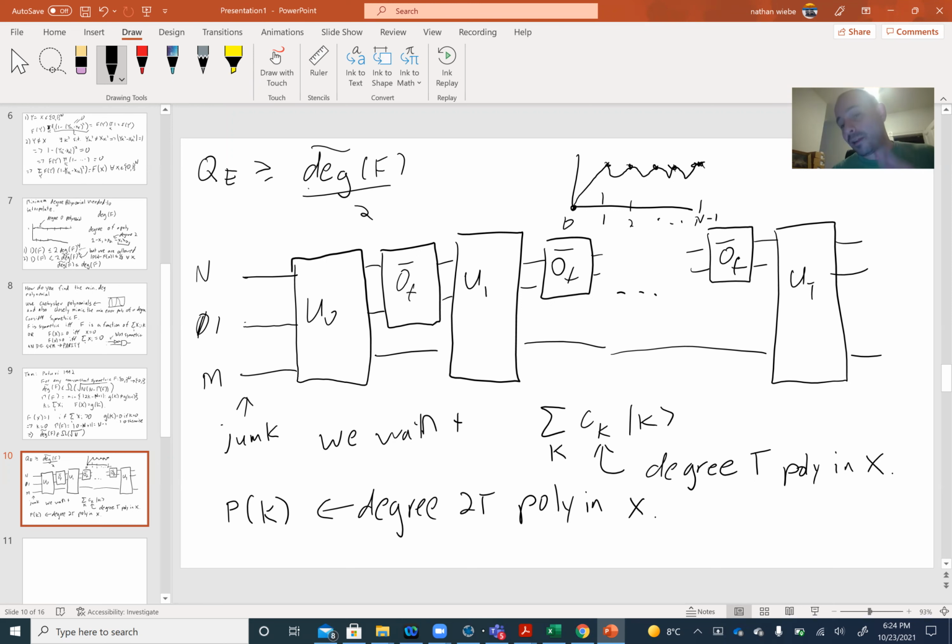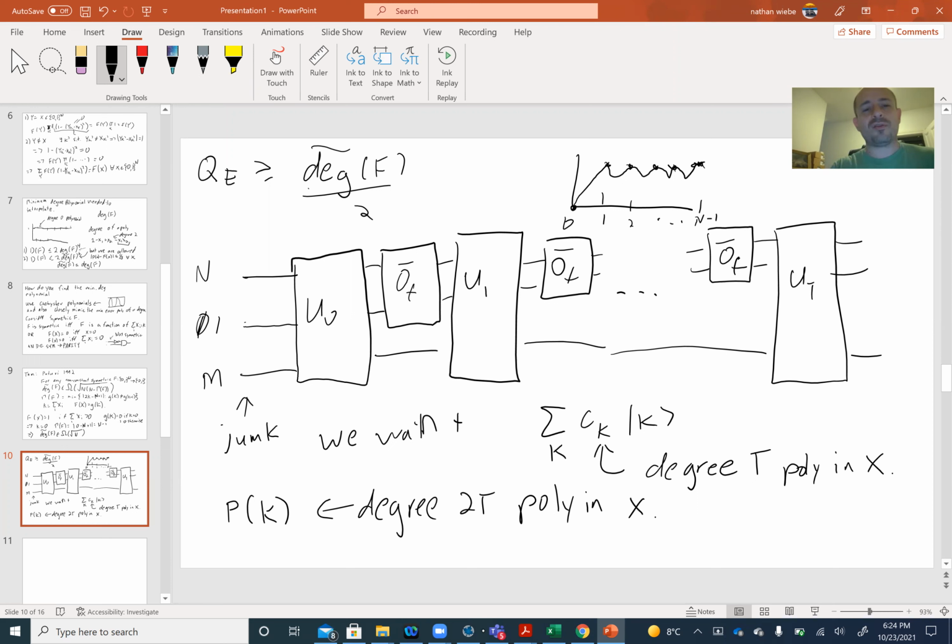Now, if we match it, then we still might not be able to actually achieve this lower bound. However, if we're not capable of matching the degree of this distribution in probability, then we're not going to be able to do it.